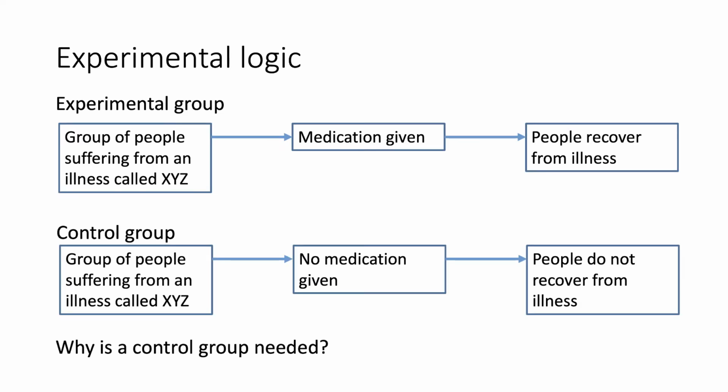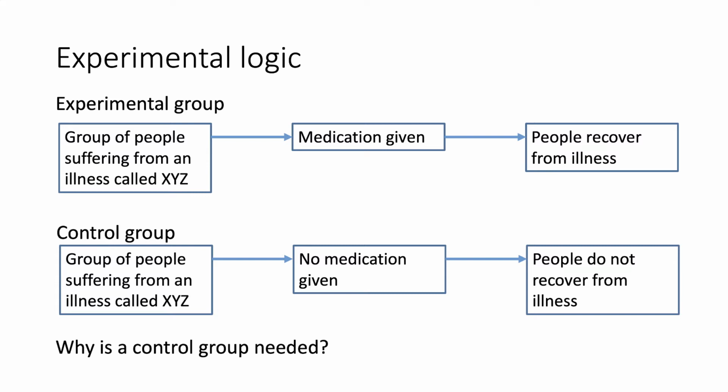And so the basic logic of an experiment, if you take this example, imagine people are suffering from an illness called XYZ, and you want to see if a particular type of medication is going to alleviate those symptoms. Will people recover if given the medication? You could think in a really simple way that you could get a group of people suffering from this mysterious illness called XYZ.